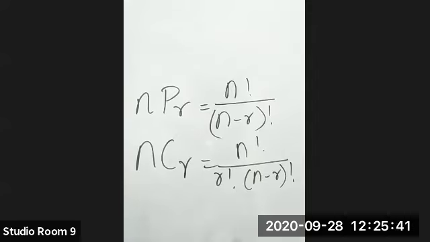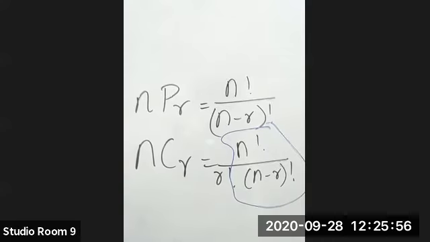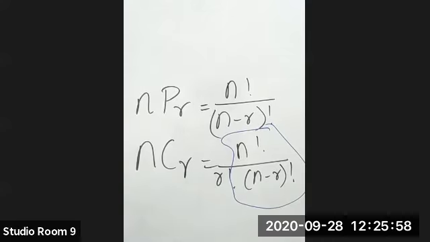Now can you relate nCr and nPr? nCr is n factorial by r factorial into n minus r factorial. If we take these two, n factorial by n minus r factorial is nPr. So nCr is equal to nPr by r factorial. Very good.